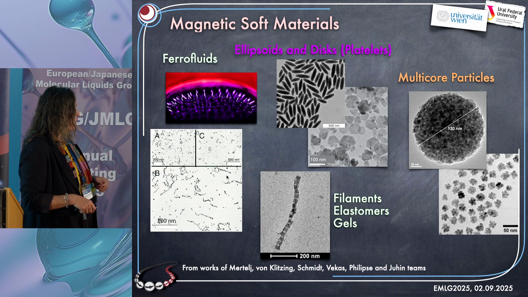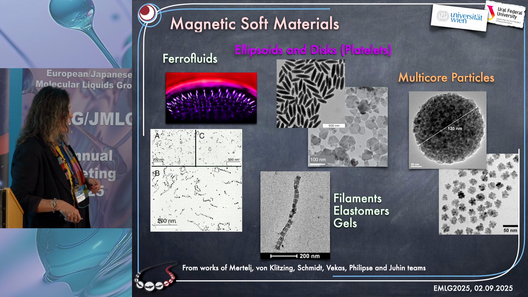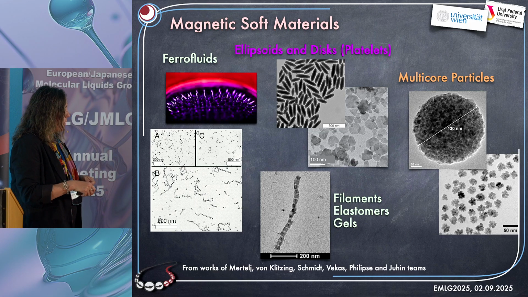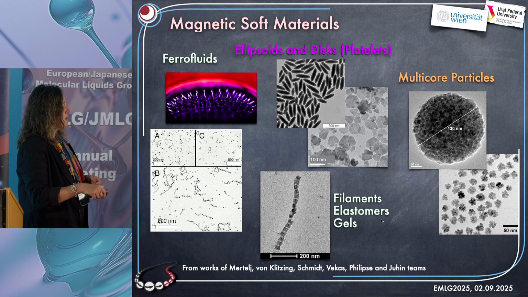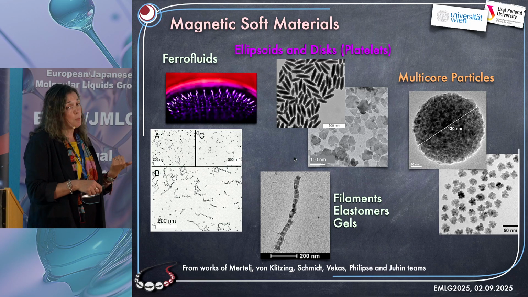You can connect them into polymer-like structures where each monomer is a magnetic nanoparticle. And all this is done in order to optimize the heating properties.